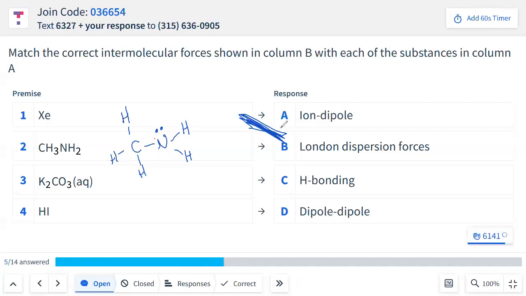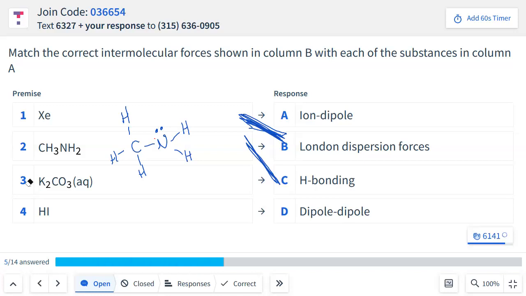Any other, Eden? Hydrogen bonding for the methylamine. That's also a good match. How do we know that? Well, remember the two conditions for hydrogen bonding.